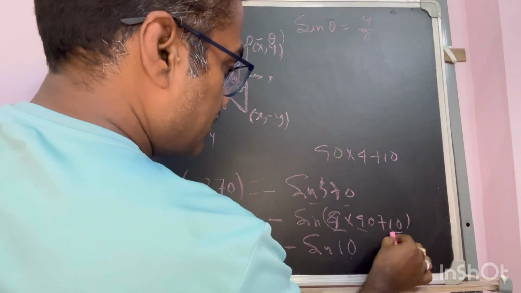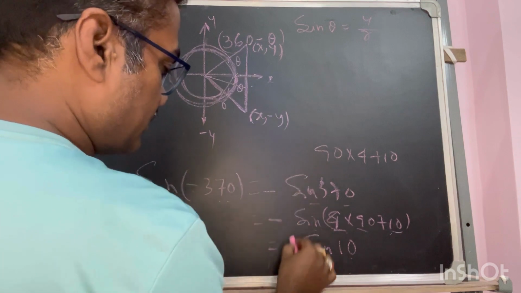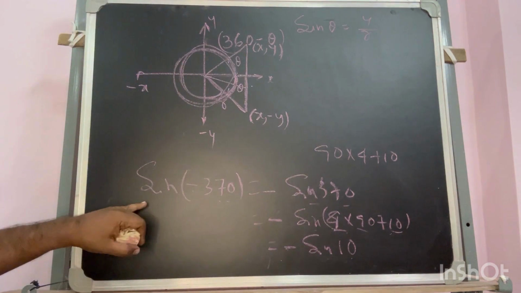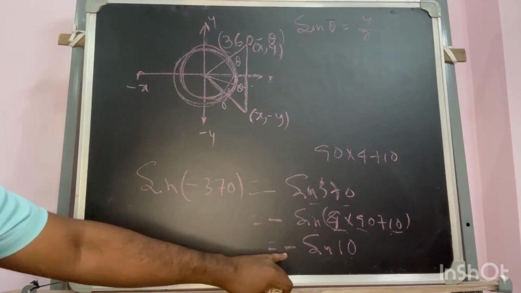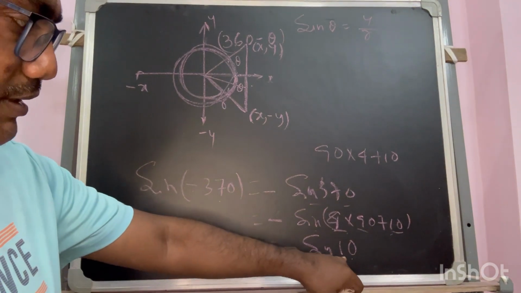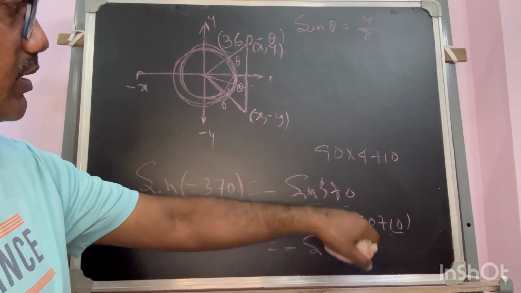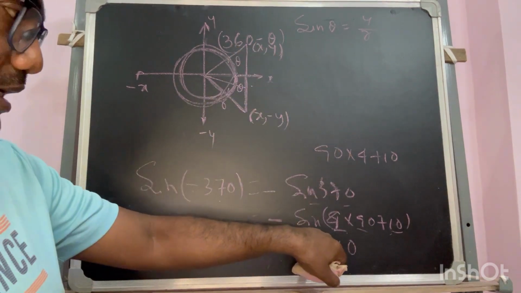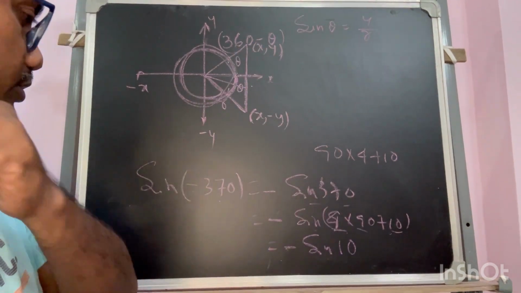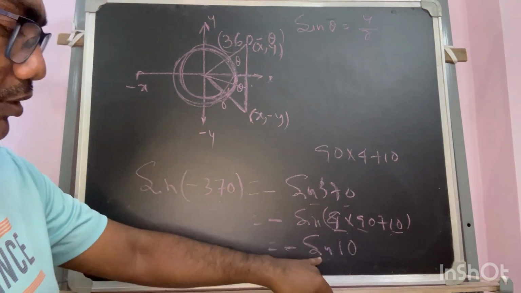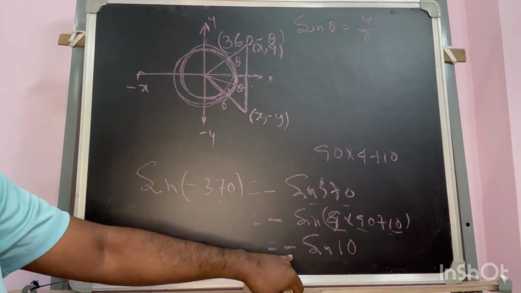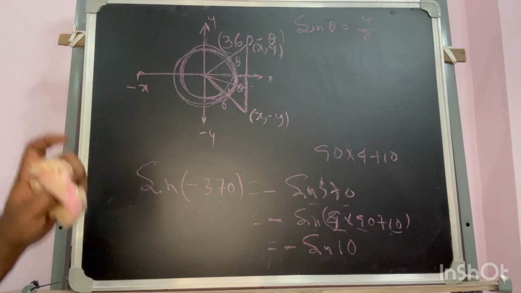Sine will be sine 10, it is coming in the first quadrant, so sine will not change. So ultimately sine of minus 370 will be minus sine 10. Okay, I made a mistake here because it is coming in the first quadrant, so the ratio, the sine of this angle, will not change. So this sign will carry over. This is ultimately the case.